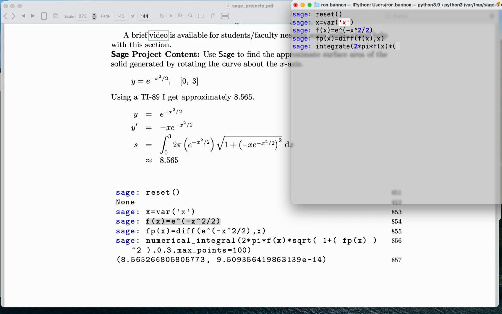And that's going to be the square root of 1 plus f p of x, that whole thing squared. I'm going to close out the root function now. And I am going to say this integral is with respect to the letter x, between 0 and 3. And let's hope I didn't make any errors.